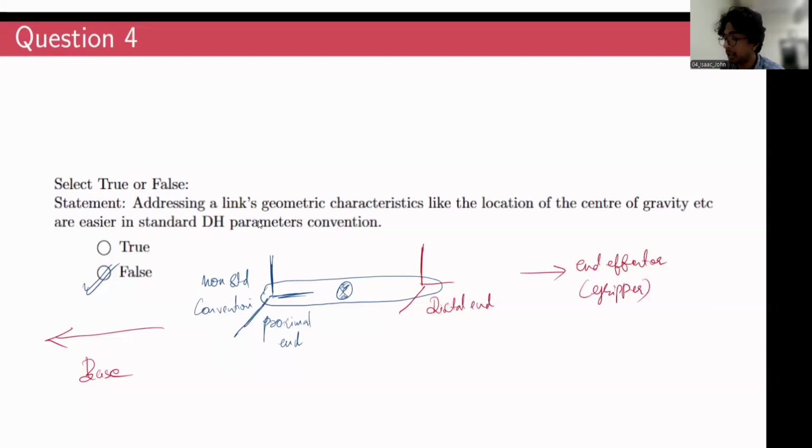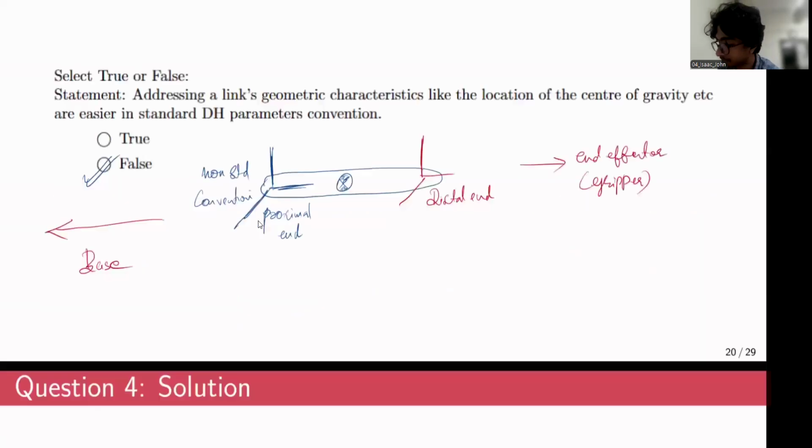So in that regard, non-standard convention is more convenient, and this is what we are following in the course. So addressing link's geometric characteristic like center of gravity, center of mass are easier and more intuitive in non-standard representation, not in the case of a standard representation. So the option is indeed false. We prefer non-standard DH convention.